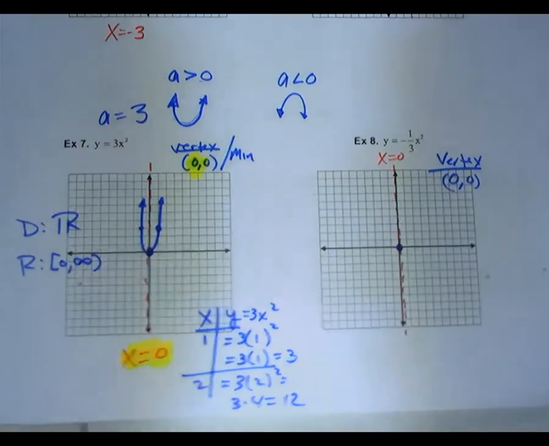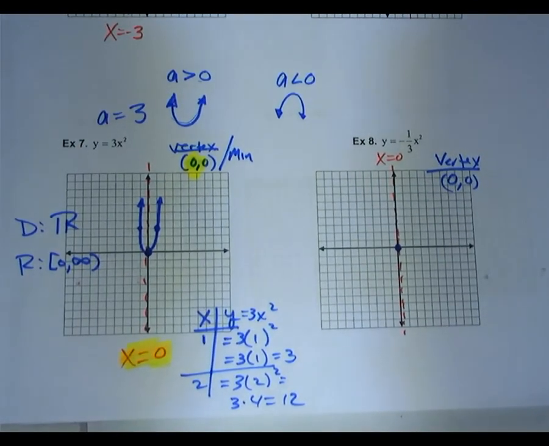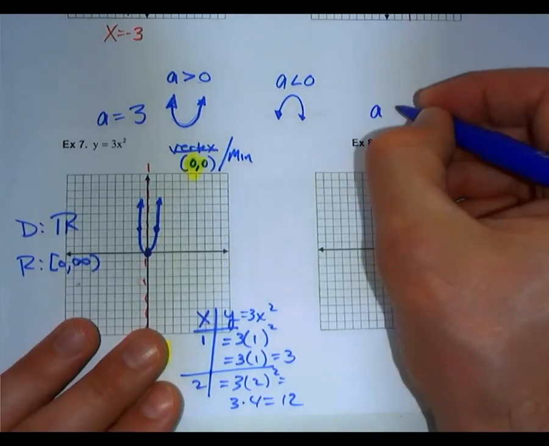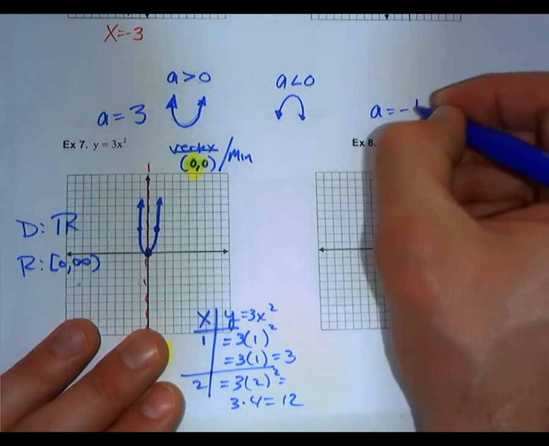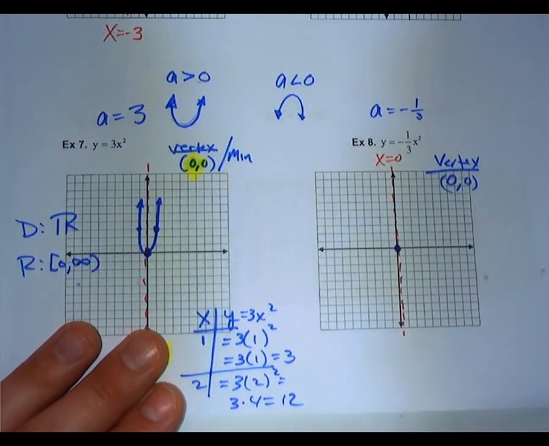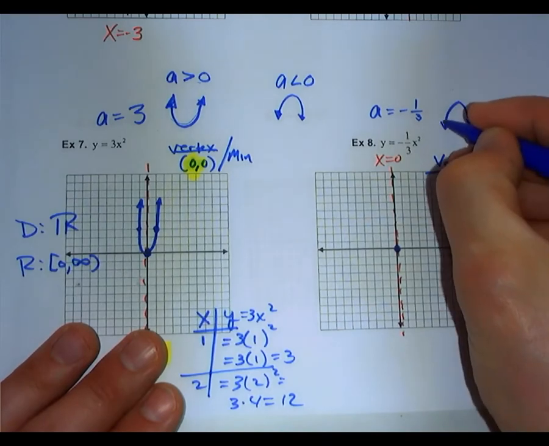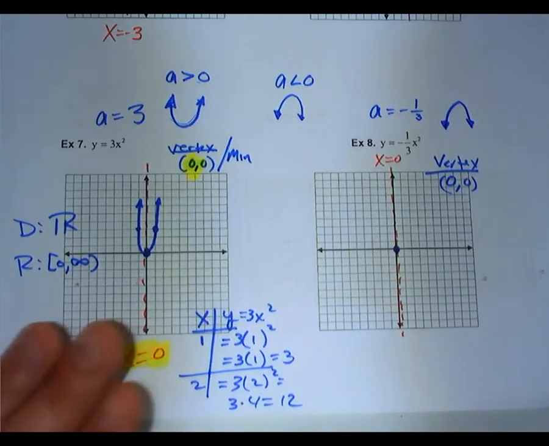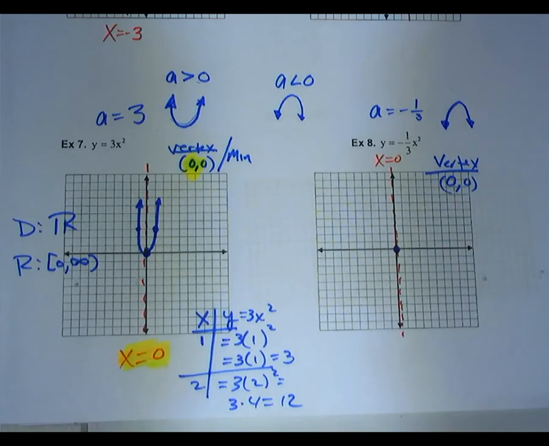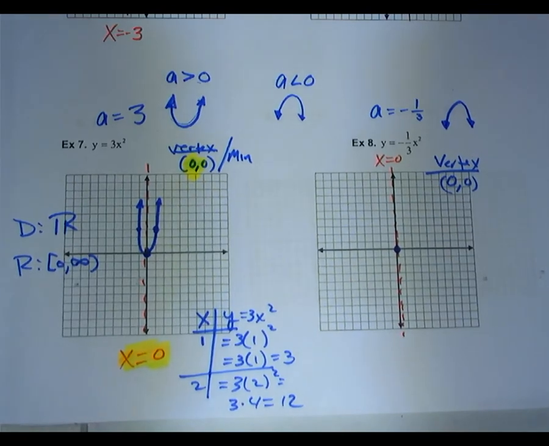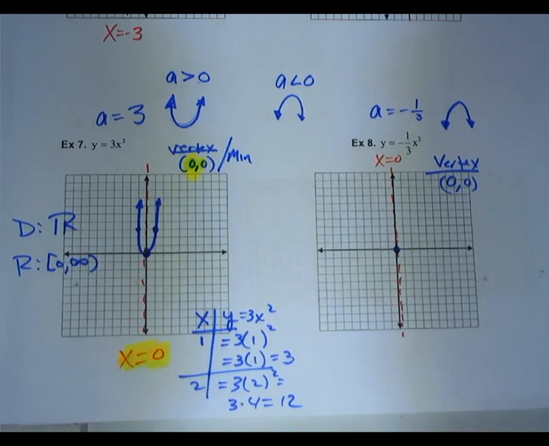Very good. Well, this time I've got an a value, and that a value is negative 1/3. And if it's negative, it's pointing down, frowny face. We got a frowny face. Oh, man, nobody likes frowny faces. That just means instead of going over 1 up 1, we'd be going over 1 down 1, and then times our a value.